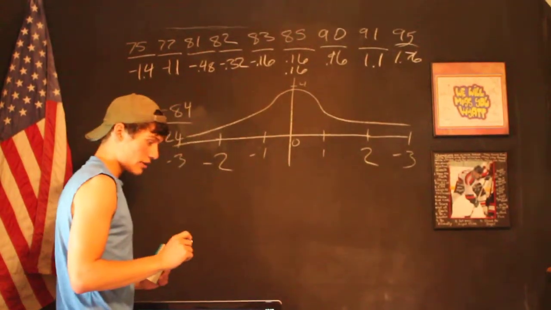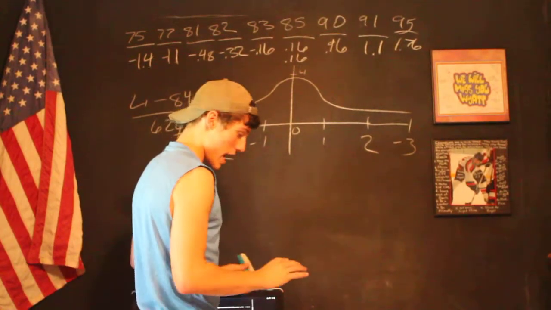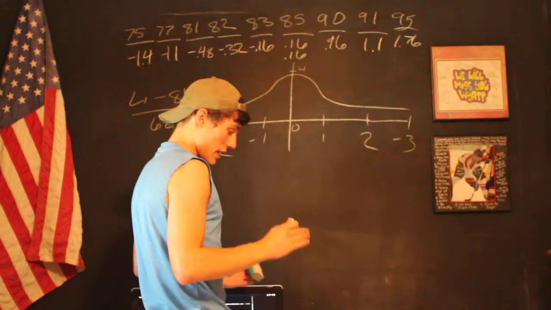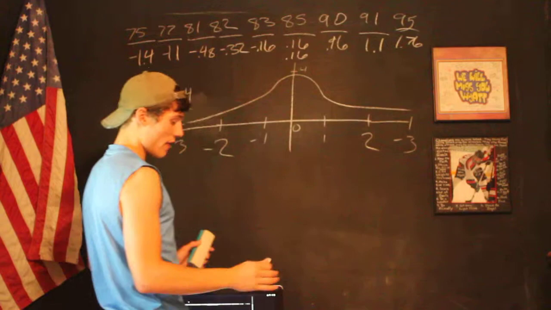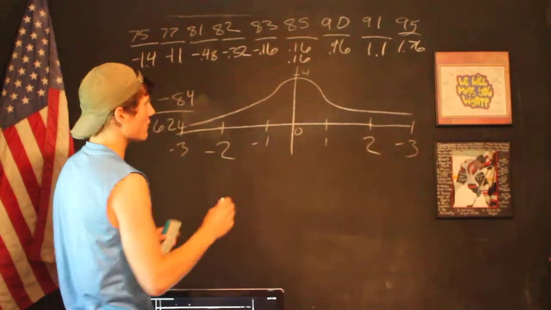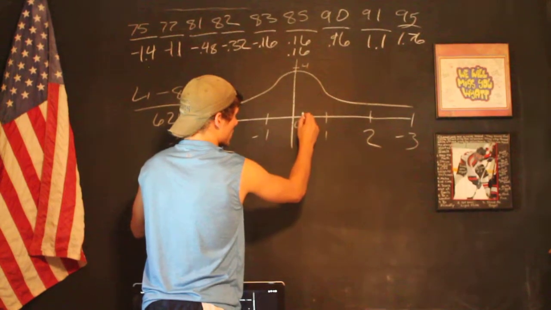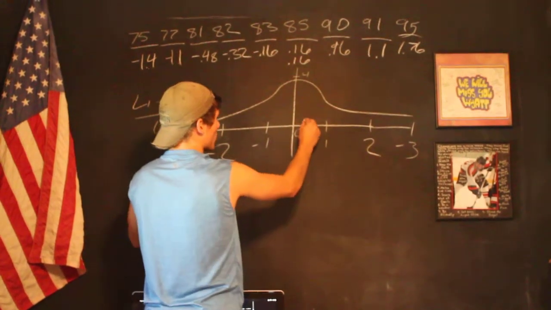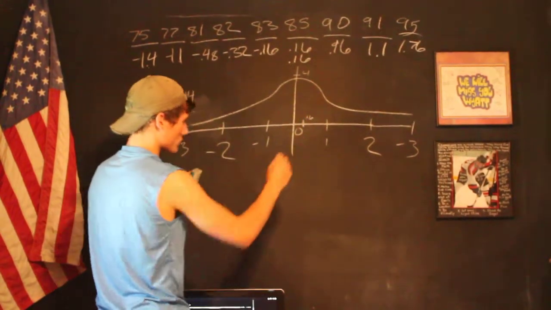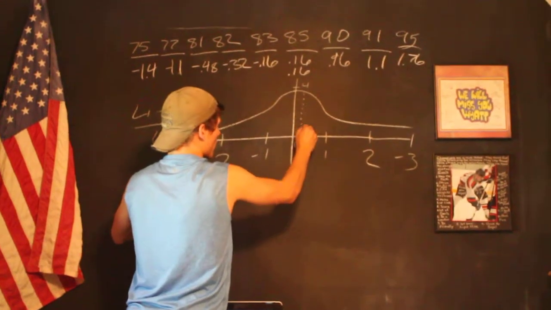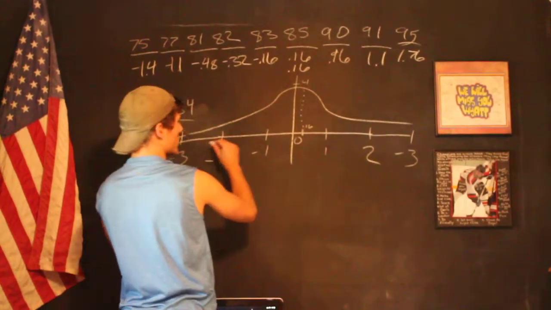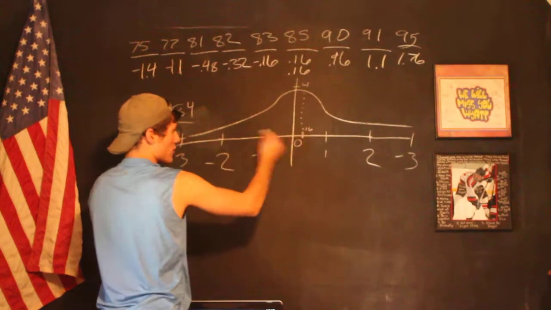Now, we said below an 85. The z-score of an 85 is 0.16, so that's going to be about right in here. Not exact, but you get the idea. So this will go from here, and it'll be everything on this side of the graph.